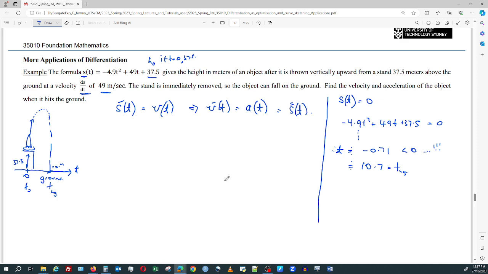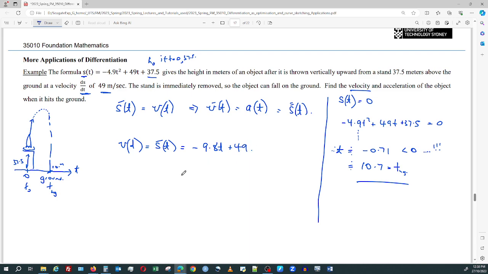How much time does it take, and what's the velocity? Find the velocity and acceleration when it hits the ground. We've got our time, so all we've got to do is find our velocity, which is the derivative of the displacement. That's 2 lots of 4.9, which conveniently is 9.8, so it's a linear function: minus 9.8 t plus 49.